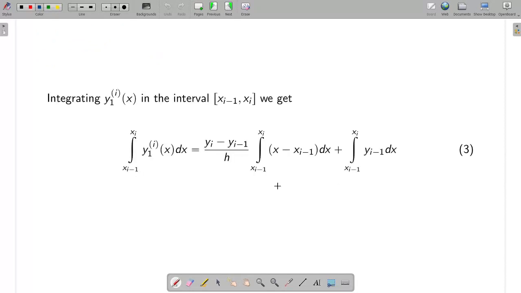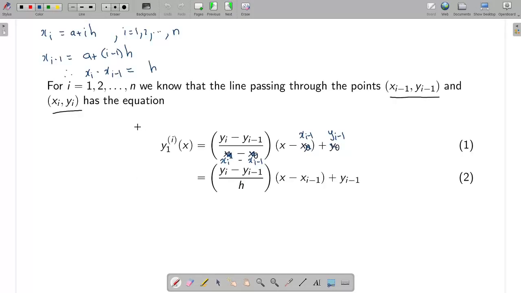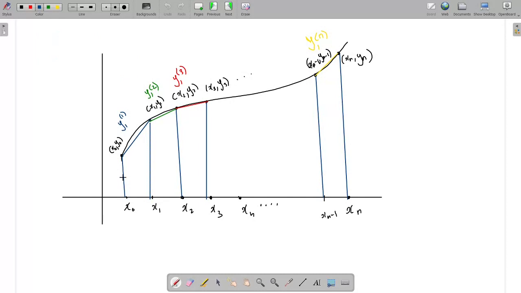We now need to integrate this. So what happens when we integrate this? We want to integrate y1i from xi minus 1 to xi. You can see here we want to integrate y11 from x0 to x1, y12 from x1 to x2, y13 from x2 to x3.